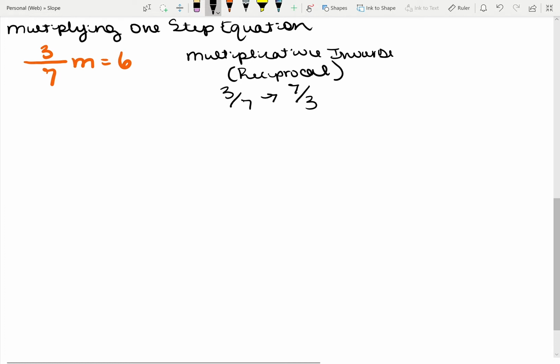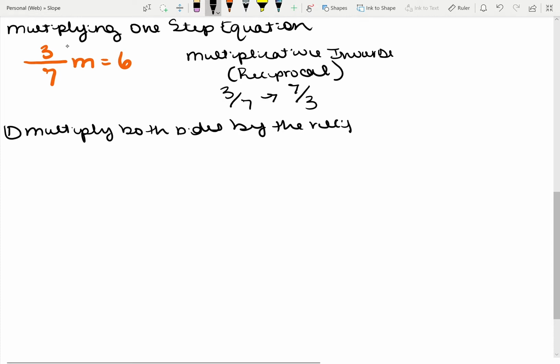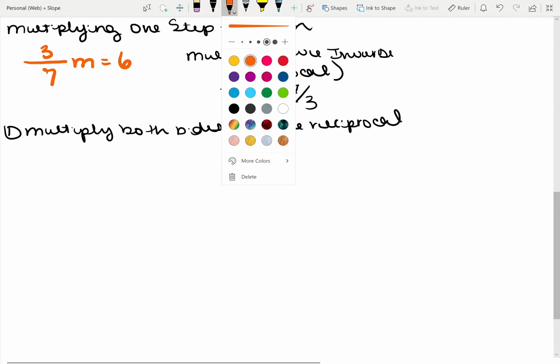Okay, so the first thing we need to do is step 1, multiply both sides by the reciprocal. Okay, so what that means is, let's actually change that color.